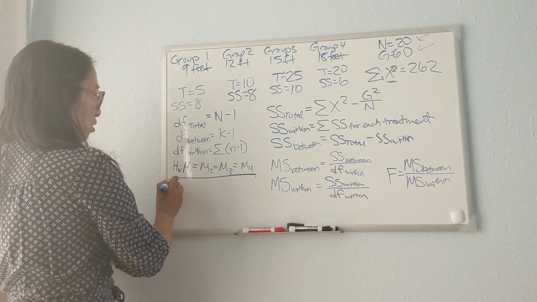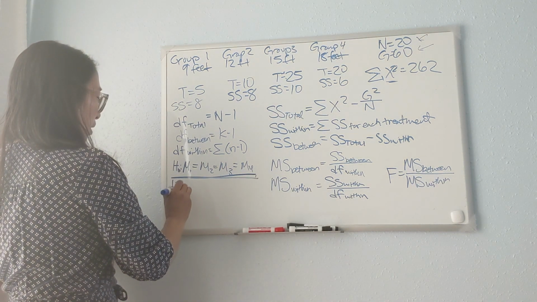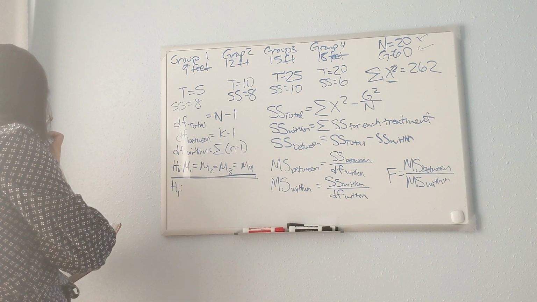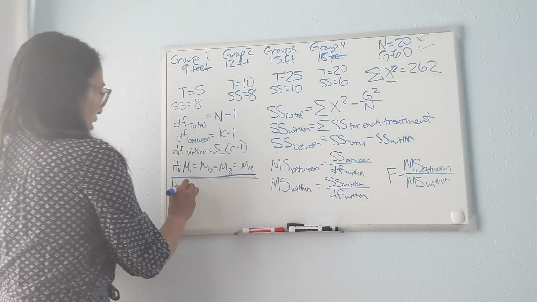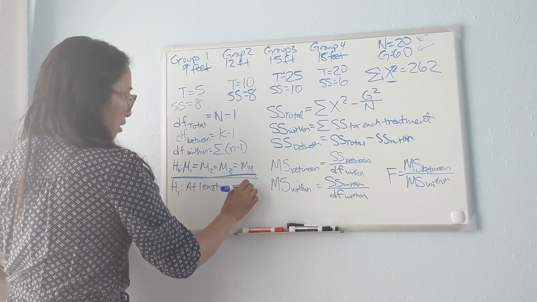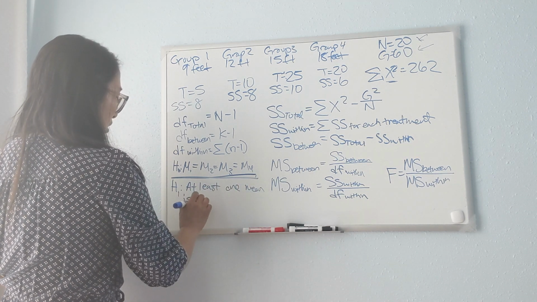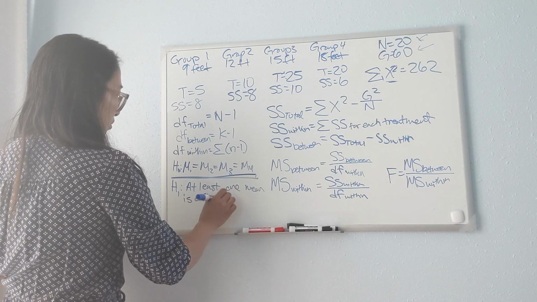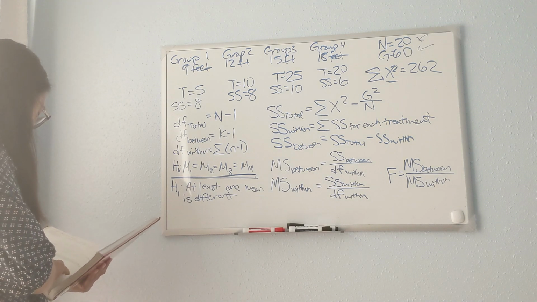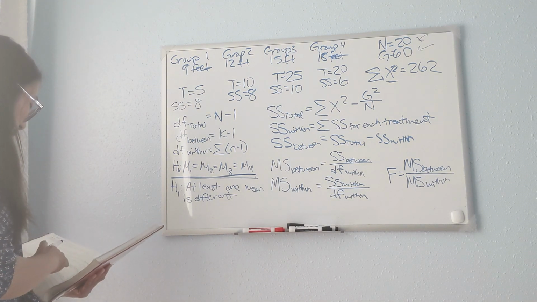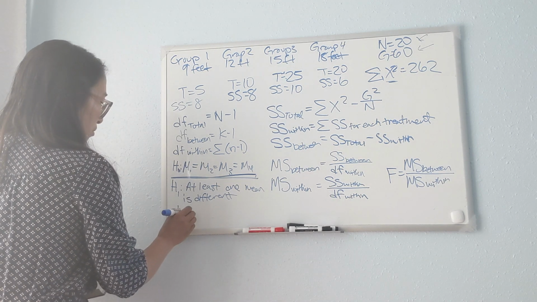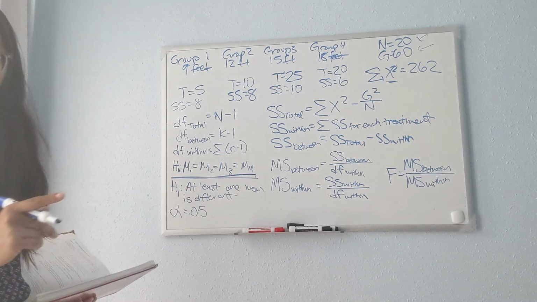The alternative hypothesis, for this problem, is that at least one mean is different. For this problem, we'll use an alpha equal to 0.05, and I give that to you in the slide.